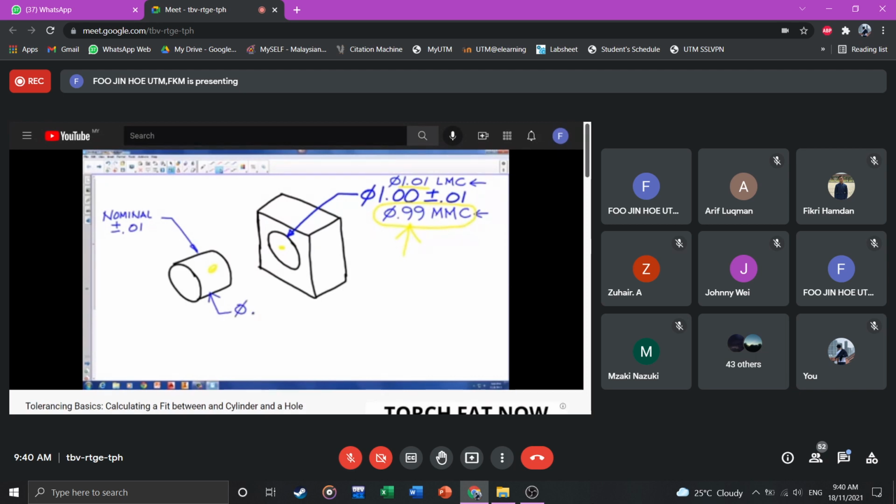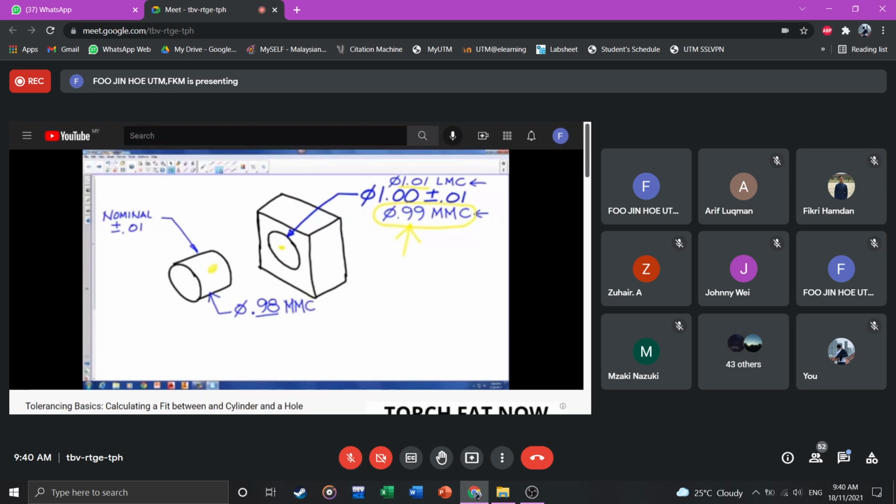So that tells us that the largest diameter this cylinder can ever have and clear that hole, which is at 0.99, is 0.98. And since the cylinder would be the biggest when it's at 0.98, we would say at that point that the cylinder is at MMC. It's at maximum material condition.